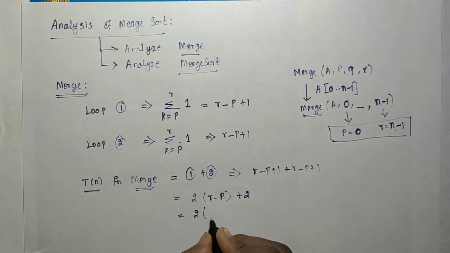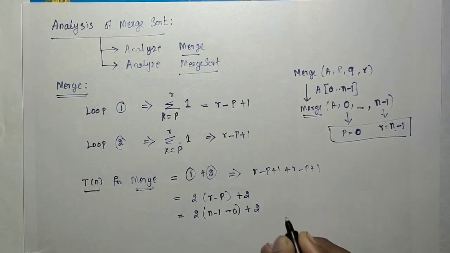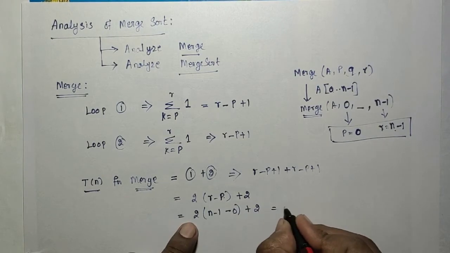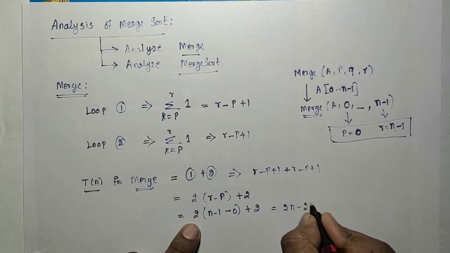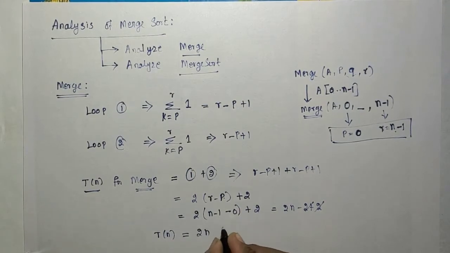So 2 into (n minus 1 minus 0) plus 2, which is equal to 2n minus 2 plus 2, it will be cancelled, so that T of n equals 2n, which belongs to O of n.